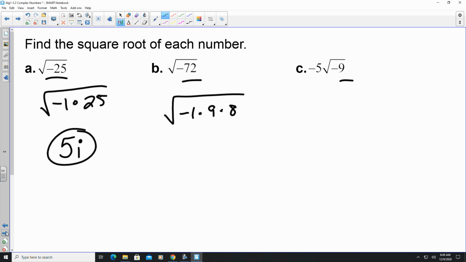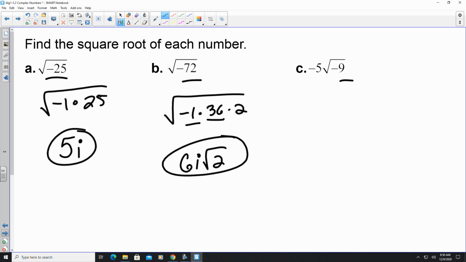Yes, I can, 36. So let's say I go negative 1 times 36 times 2. That's a better one. So the square root of 36 is 6. The square root of negative 1 is i. And then what I'm left with is the square root of 2.